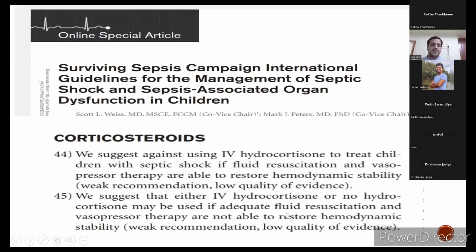But if you have a baby who is not responding to adequate fluid resuscitation and vasopressor therapy, means you have given fluid resuscitation, you have given norepinephrine or dopamine, and still you are facing low BP or cardiovascular compromise, then in those cases you can consider giving hydrocortisone.